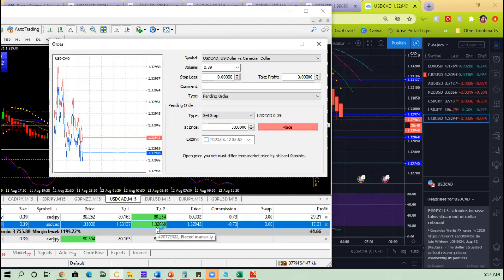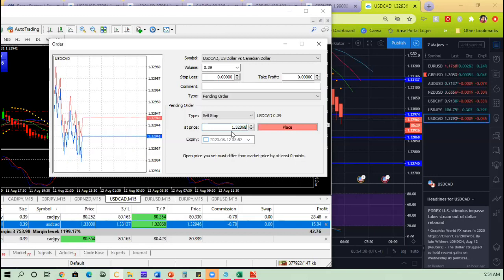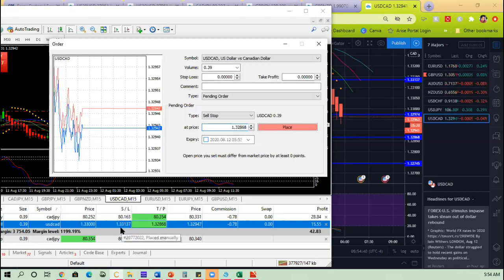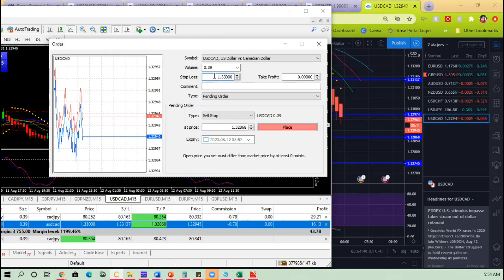So 1.32868 is our take profit. It is the take profit for our previous trade and the price that we're going to get into for our next trade. Stop loss is going to be the same as the previous stop loss. Just remember, you have to keep a check on it. 1.33137. That's our stop loss.